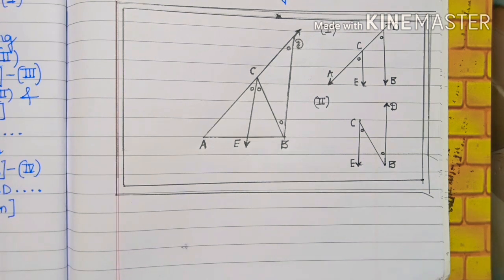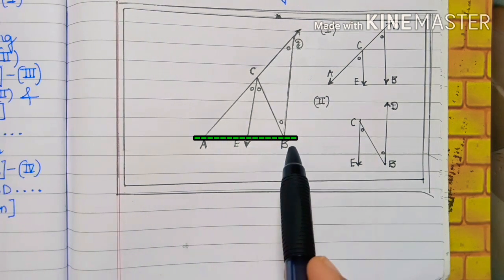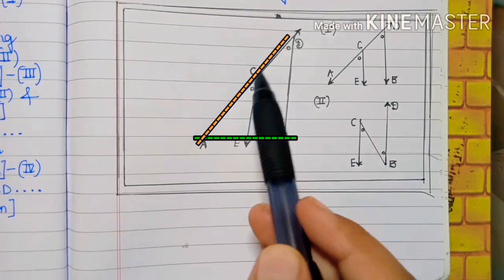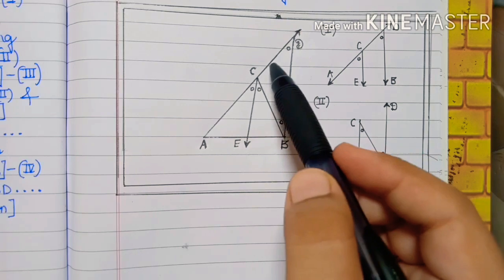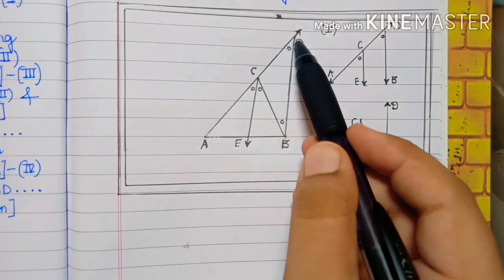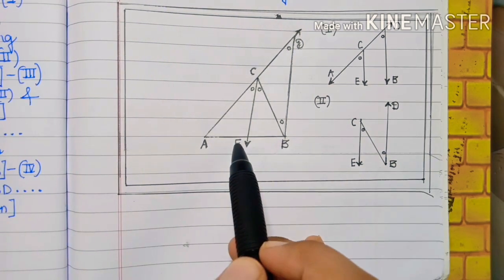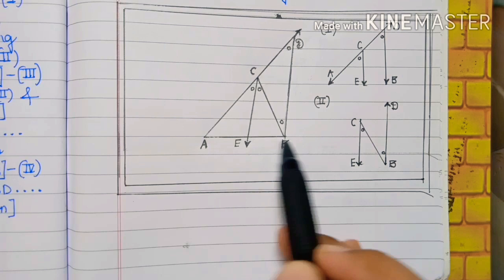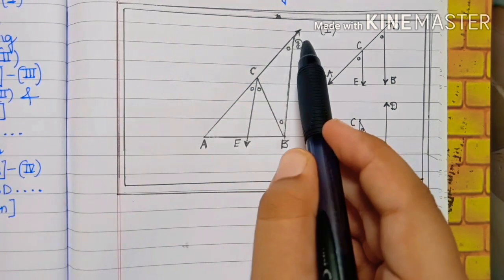Therefore, using the basic proportionality theorem, we get AE upon EB is equal to AC upon CD, and CD is equal to CB. Therefore, we substitute CD as CB in the next step. That will be AE upon EB is equal to AC upon CB instead of CD.